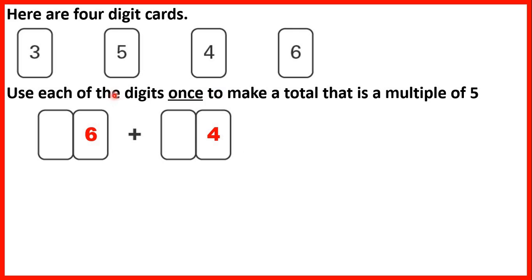And then, because we're using each of the digits once, we can have our other digits as the tens digits, and 36 plus 54 is 90. That's a multiple of 5, because when we divide 90 by 5, we don't get a remainder. And with addition, we can switch the digits around without changing the total, so there are other possible answers for this question.